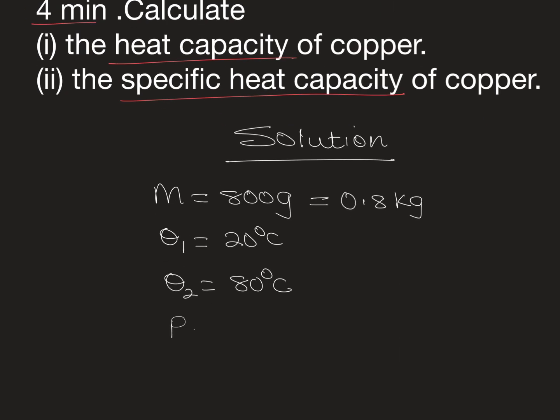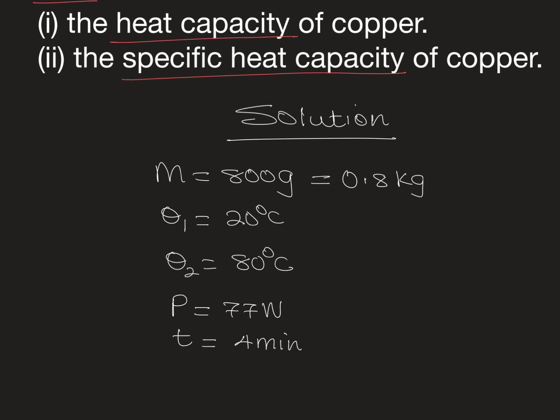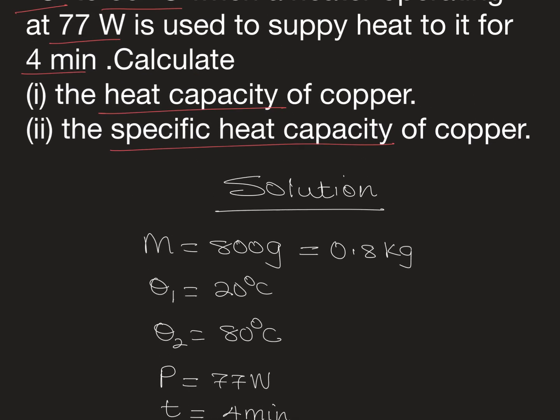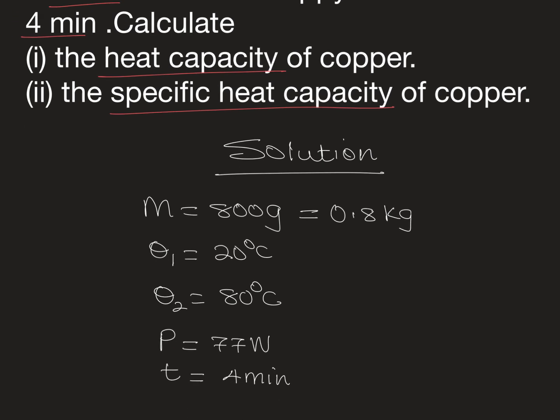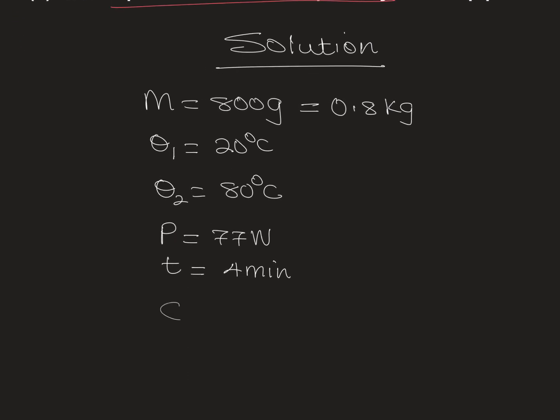The power given in the question is 77 watts, and the time taken for the temperature to change from 20 degrees Celsius to 80 degrees Celsius is 4 minutes. So with these values, we want to find the heat capacity and the specific heat capacity.